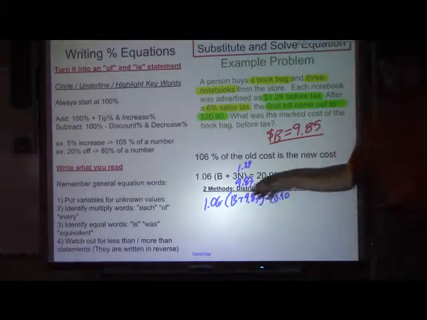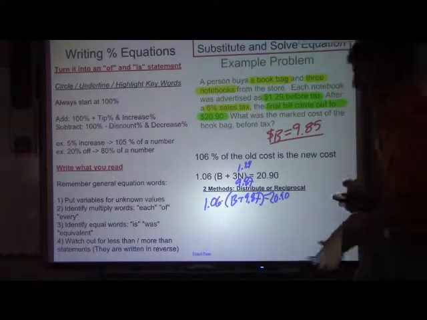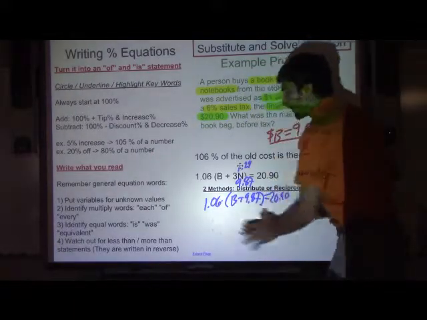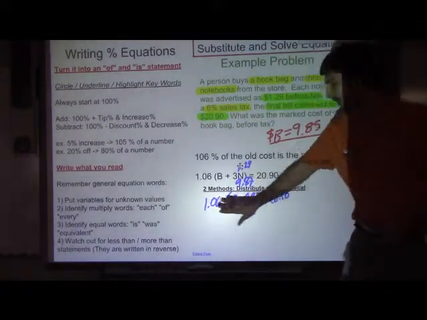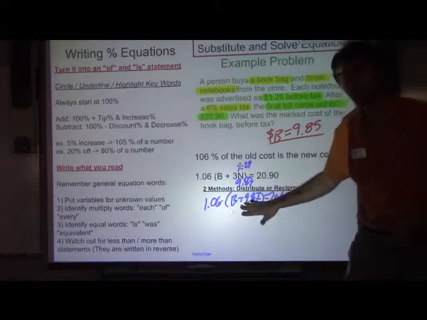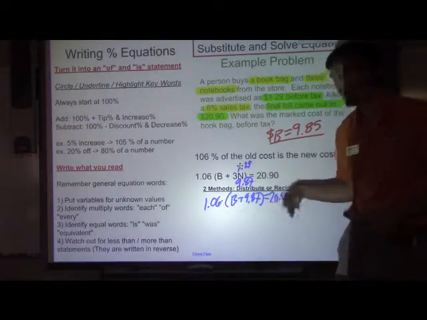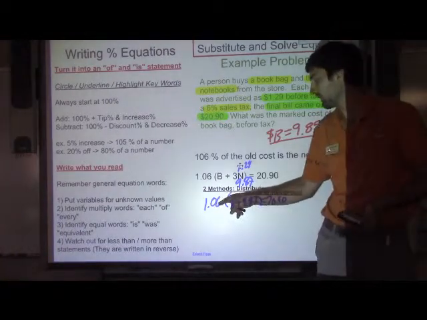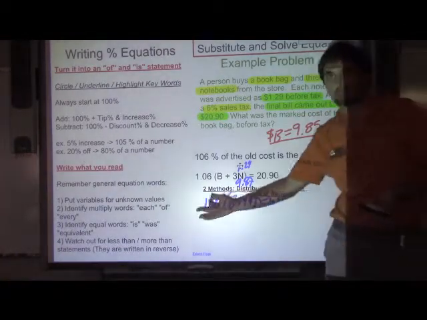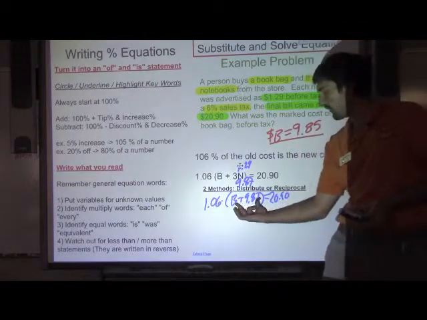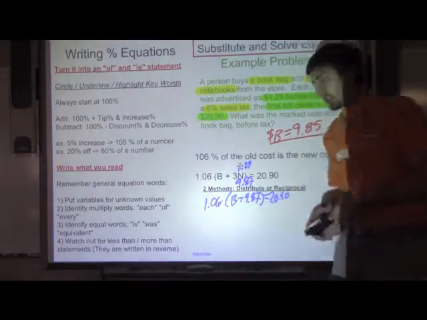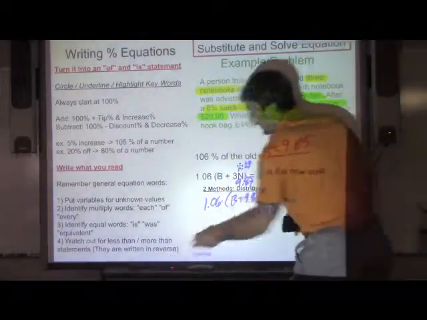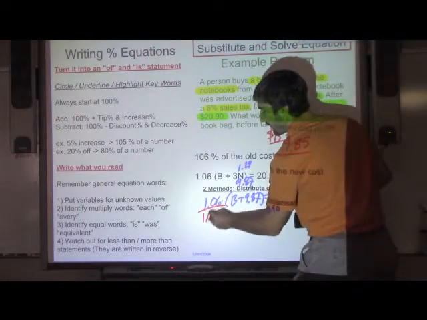The other way to solve this problem, because in a way this is just one term, is 1.06 times this whole quantity. So rather than distribute, because there's just one term over there, sometimes it's easier to just divide by the coefficient. In this case, the coefficient of this term is 1.06. So a little shortcut is to start by dividing by 1.06.